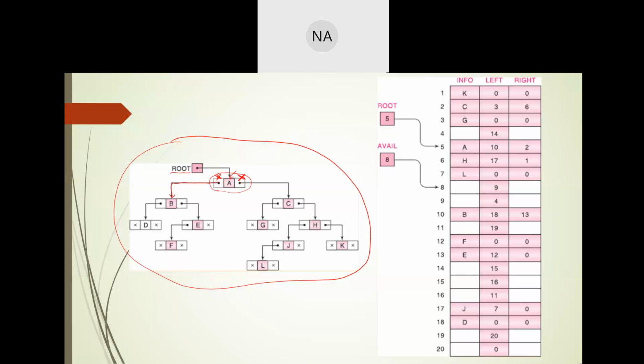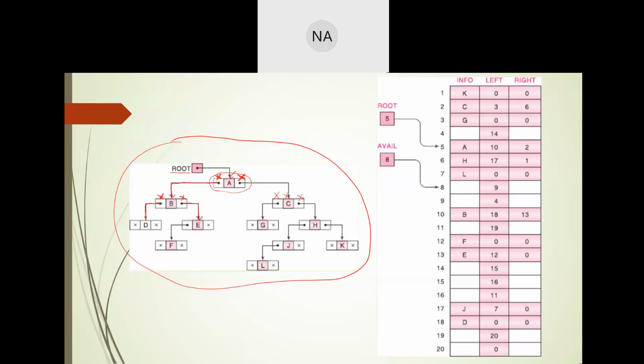So B is the info stored at the left node of the root A, and this is the location of the left child of node B, and this is the location of the right child of node B. So at every node you can see that we have three parts: the information part, the location of the left child, and the location of its right child.